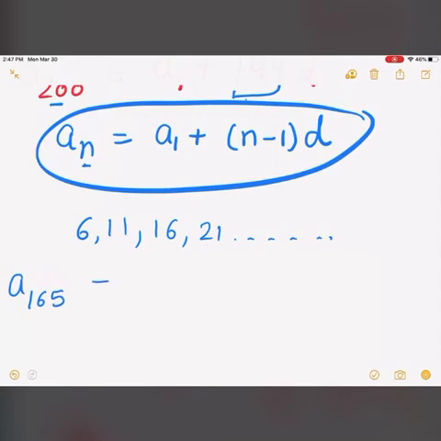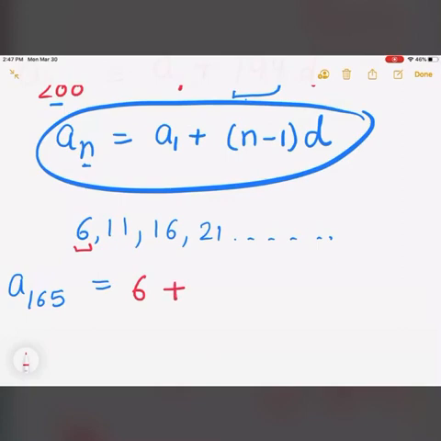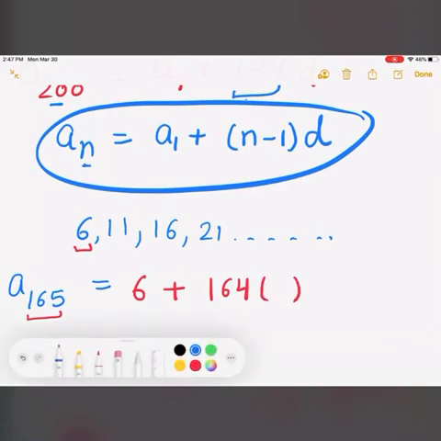As per this explicit rule, I have to have my first term, which is 6. Now I need n minus 1 differences. If I'm solving for 165, it means I need 164 differences. And what is the difference here?